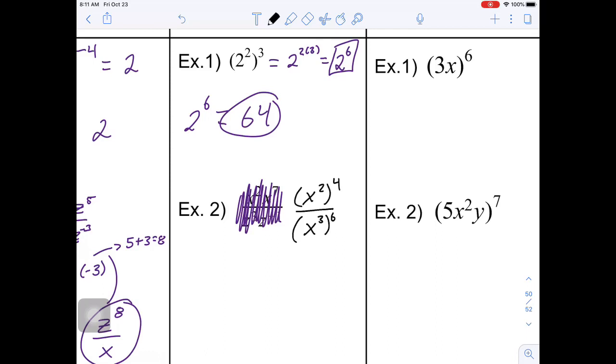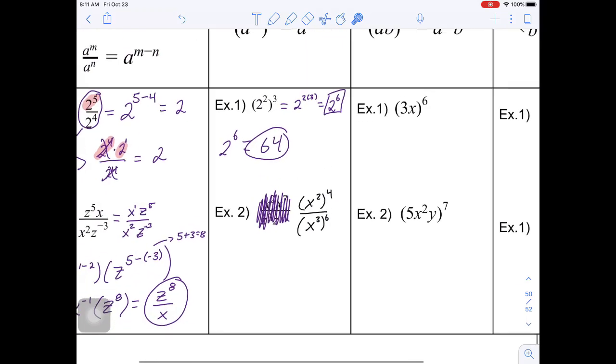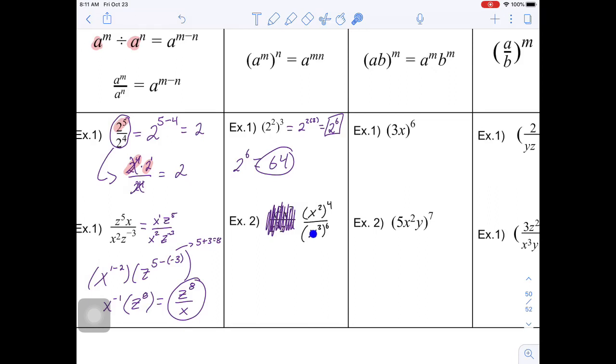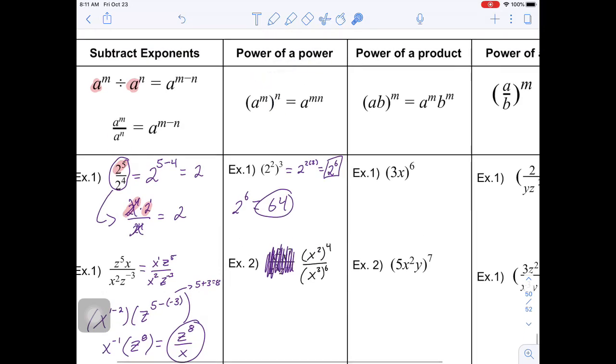Okay. So let's move on to example 2 here, where we have x to the power of 2 to the power of 4 over x to the power of 3 to the power of 6. So here, recognize I have similar bases dividing each other. But at the moment, I should simplify these exponents first. So I'm going to apply my power of a power law.